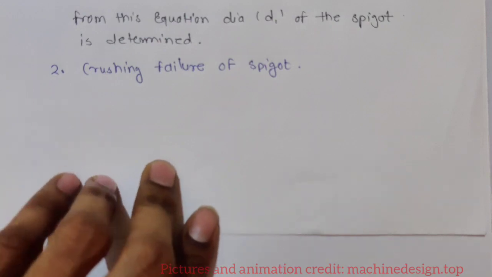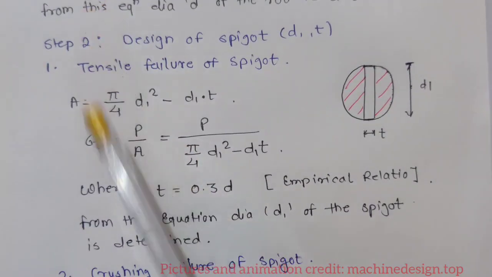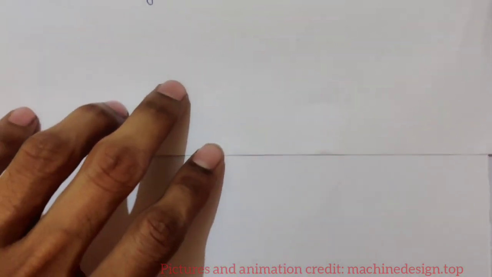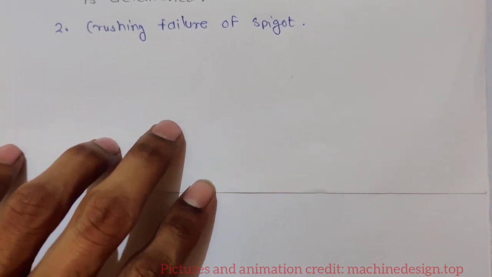So this is step 2 only, step 2 second point. We have 3 points in step 2. Now what is crushing failure?